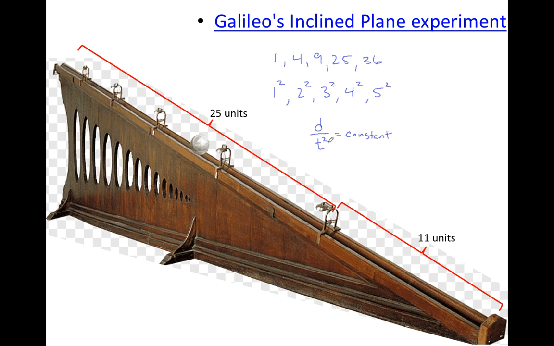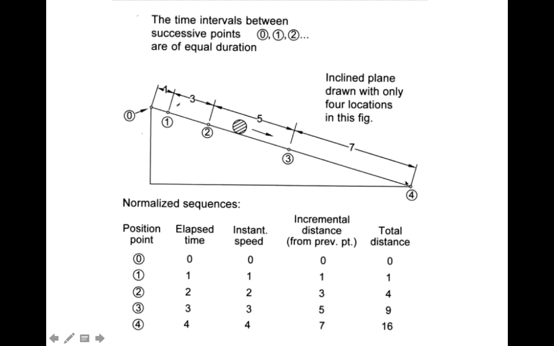And that is an important pattern. We see that pop up for all objects undergoing uniformly accelerated motion. That the distance traveled, if it starts from rest, is proportional to time squared, and that's an important pattern to see.